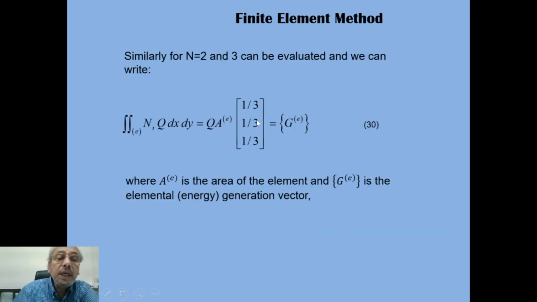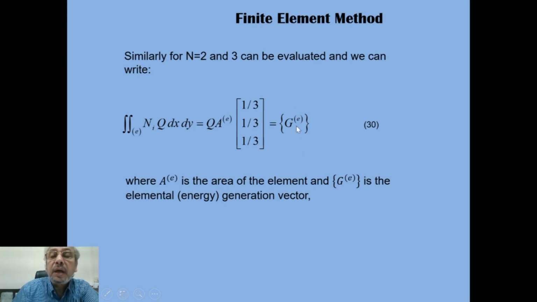So if we put them together, this elemental integration will be q into A into 1/3, 1/3, 1/3, and this is basically a column matrix.